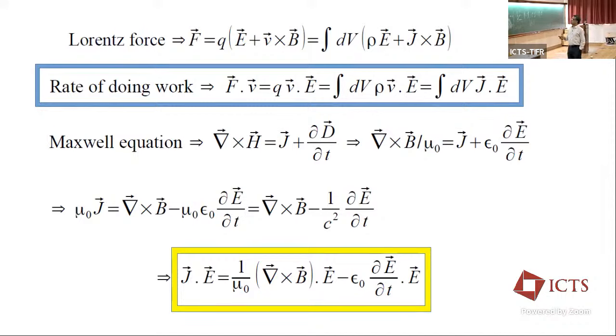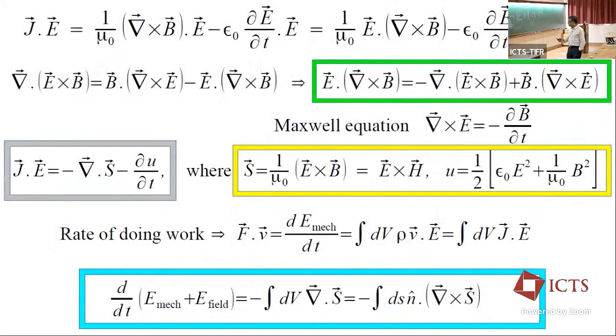The rate of doing work, you can consider the current density dotted with E. And using Maxwell's first-order equations, you can replace J, and then you can get this J dot E quantity. These are a little lengthy but easy-to-follow calculations.